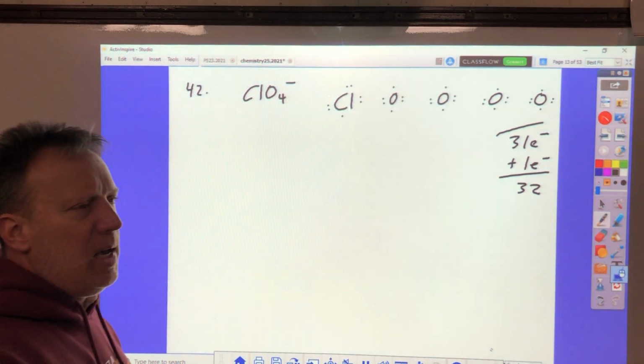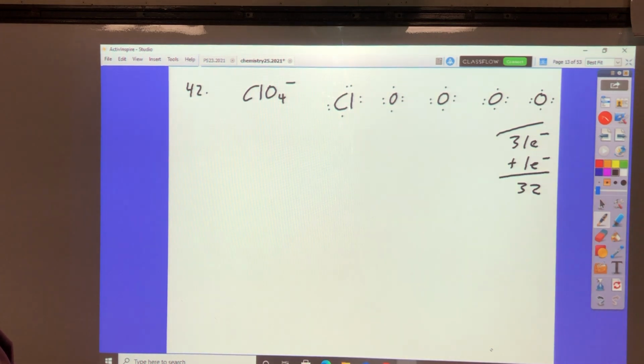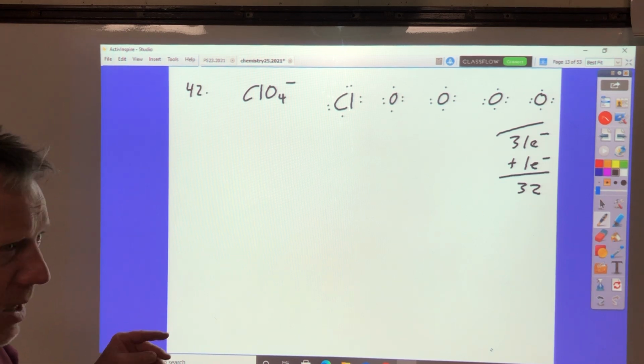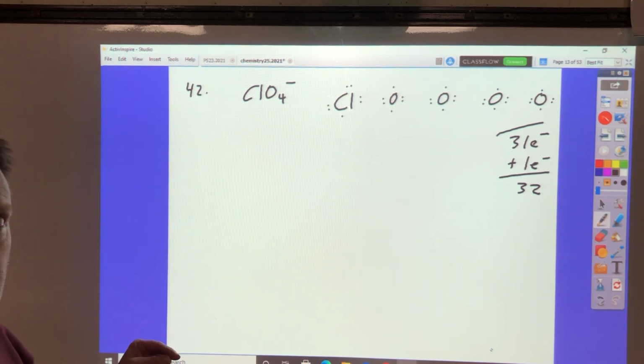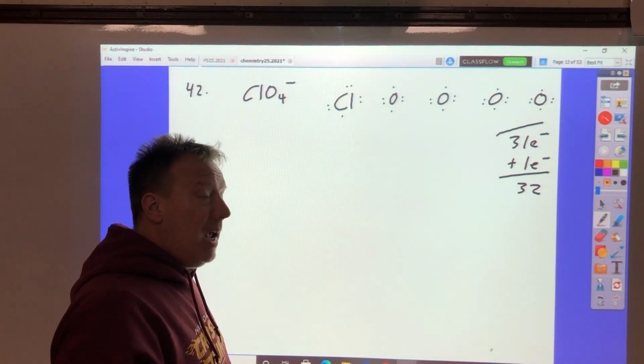Now we need a central atom. Well, chlorine is the odd one out, and okay, this is going to break my rules. Oxygen is closer to fluorine. And I said earlier, halogens aren't usually your central atom, or something to that effect. Well, that's correct, but they can be.